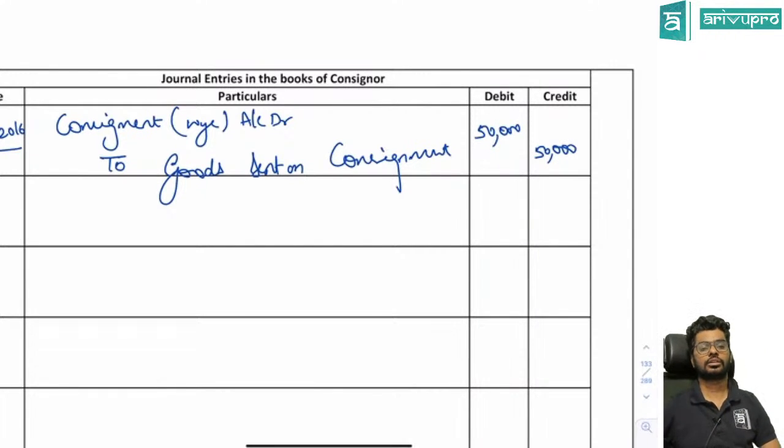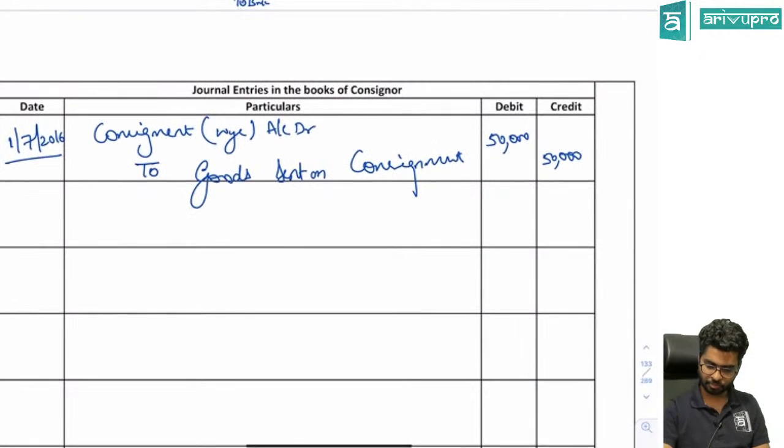Are you clear? Done. For the remaining 1000 of packaging goods, the journal entry becomes consignment to bank.